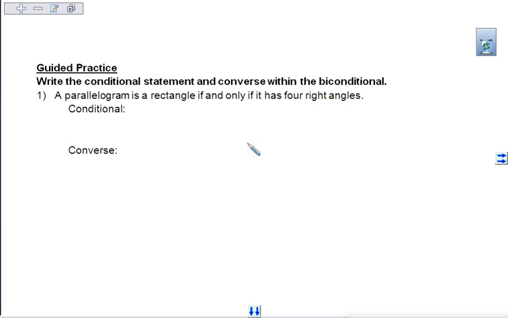What's our hypothesis? A parallelogram is a rectangle. And what's our conclusion? It has 4 right angles. And what does it refer to? A parallelogram. So what is our conditional statement?